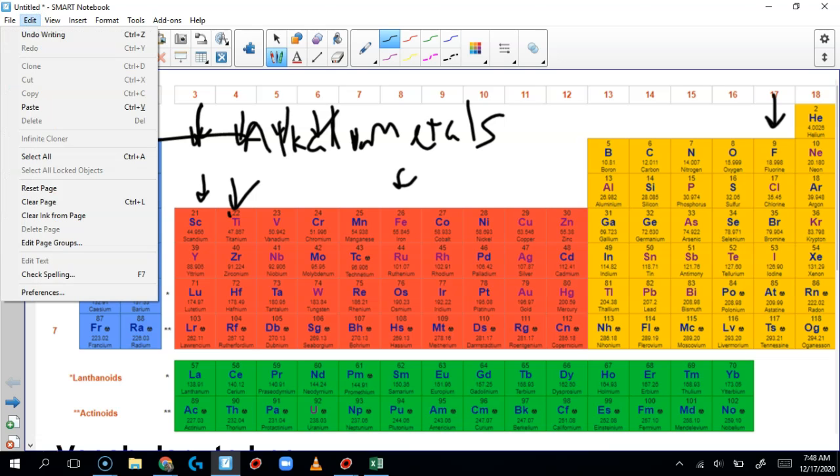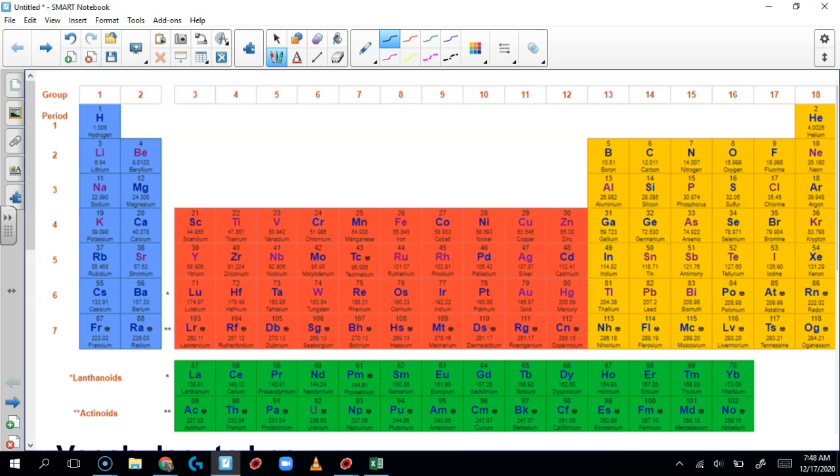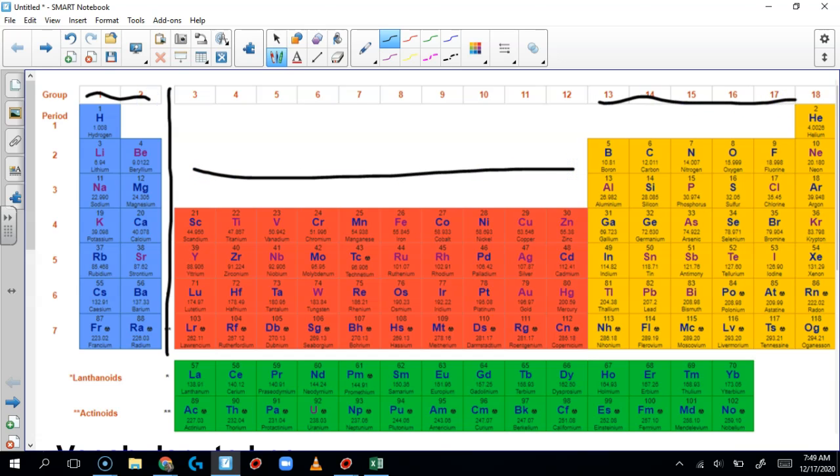The other part of the periodic table that helps organize this is the blocks. You'll see that this periodic table has this blue block and this yellow block and this red block, and then down here is this green block. The blue block is the S's.